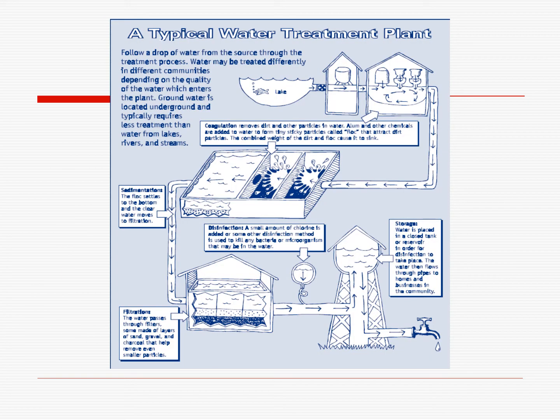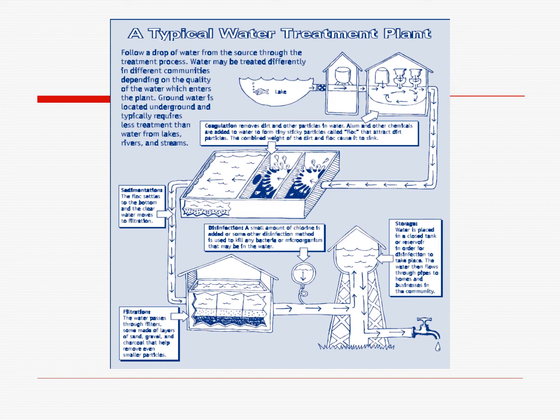So I have here a typical water treatment plant that I blatantly stole from the internet for this slide. If we start in the middle on the upper part of the slide, you see a lake, and water is going from the lake into a couple of buildings. In the second building, they told you that's where they do the coagulation.